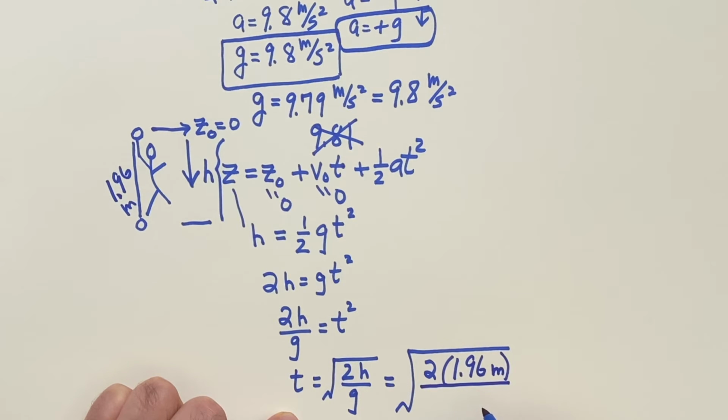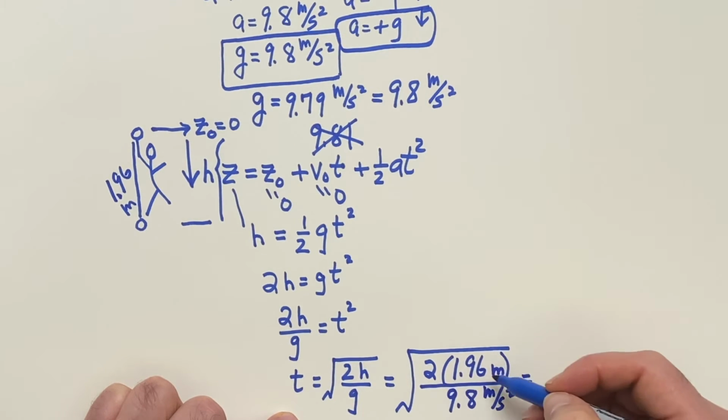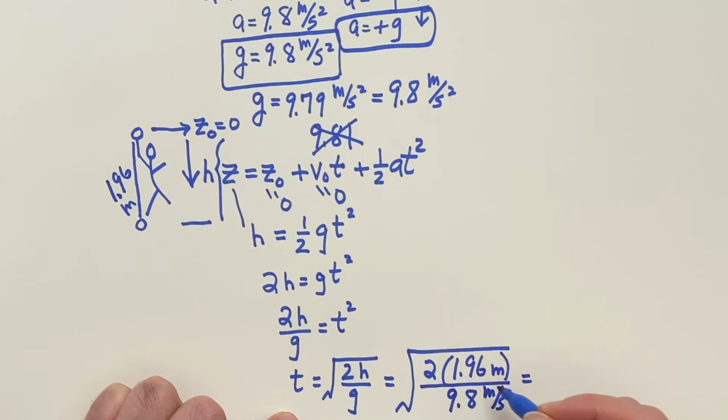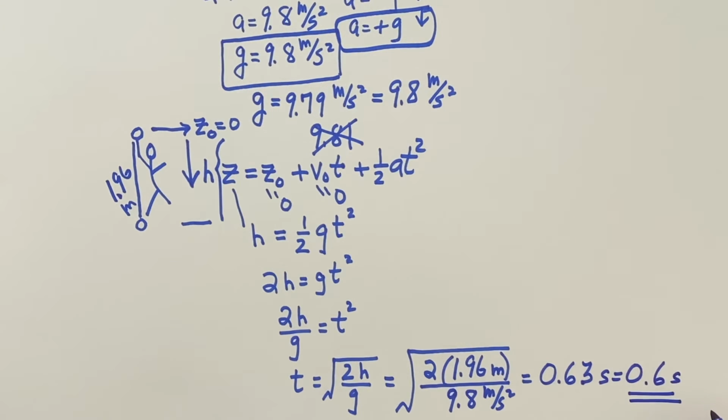And then we're going to divide by the g, which is the 9.8 meters per second squared. Notice that here the units are going to come out right. The meters will cancel and you'll get seconds squared up top, and then take the square root, you'll get seconds. So when you work this out, everything comes out nice, 0.63 seconds, which will go with 0.6 seconds, one significant figure.